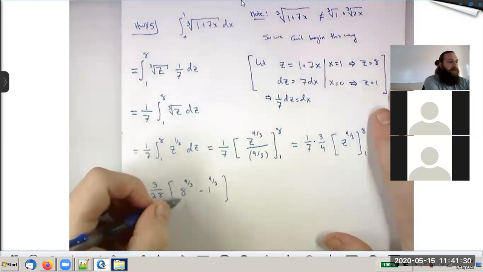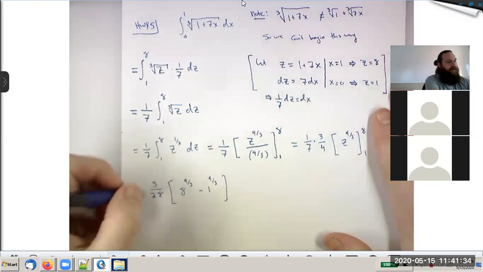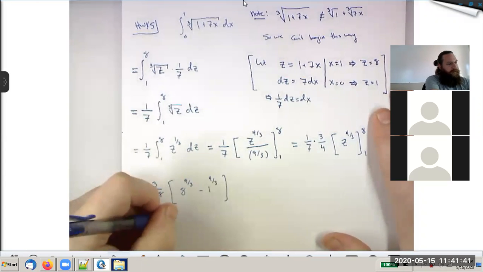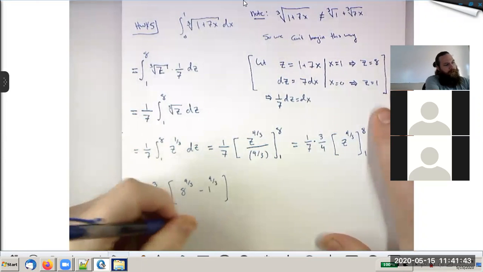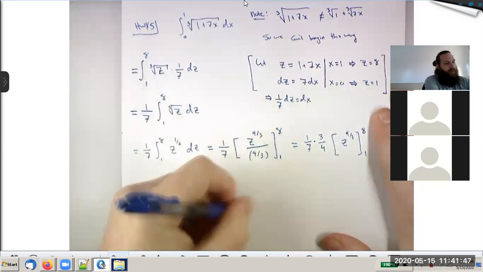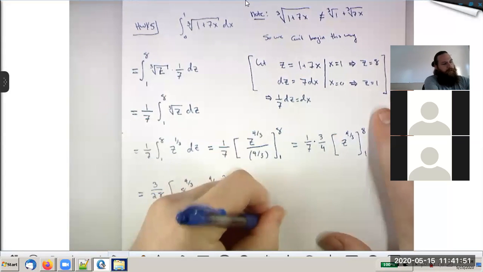The cube root of 8 is 2. So that's the same as 2 to the 4, which is 16. So this is 3/28 times 16 minus 1. In other words, this is 3/28 times 15.